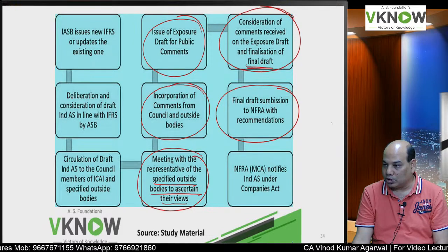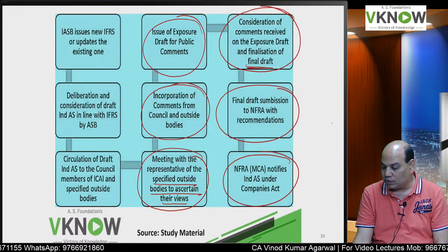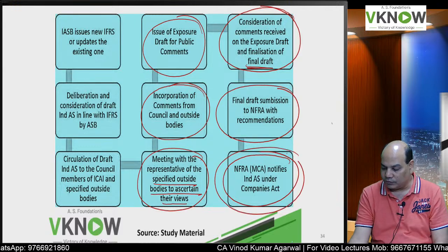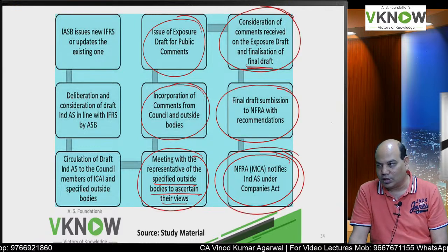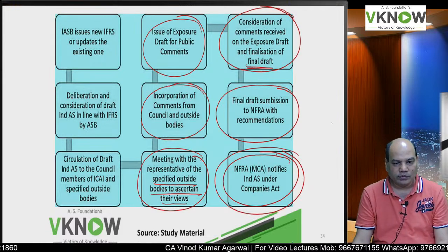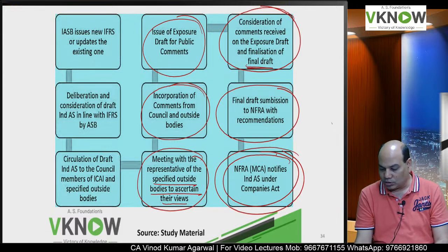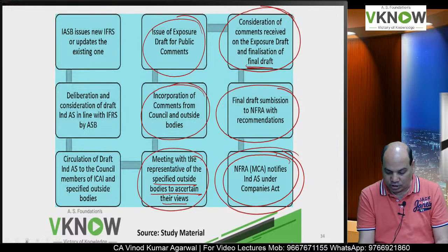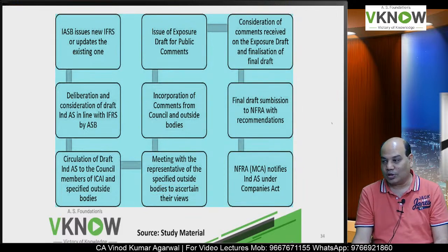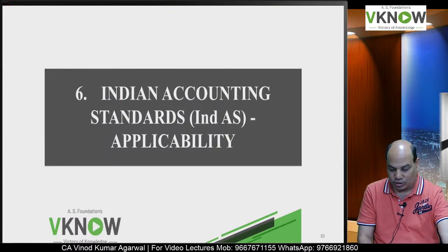National Financial Reporting Authority with recommendation, and then NFRA, if it is satisfied, it will notify Ind AS under Companies Act. So a notification will come in the official gazette with all the text of that standard, and then it will become applicable. They will also mention from which date it is applicable. Is it right? So one day you can also join Accounting Standard Board and you can also issue standards. It is not impossible. You can do it.